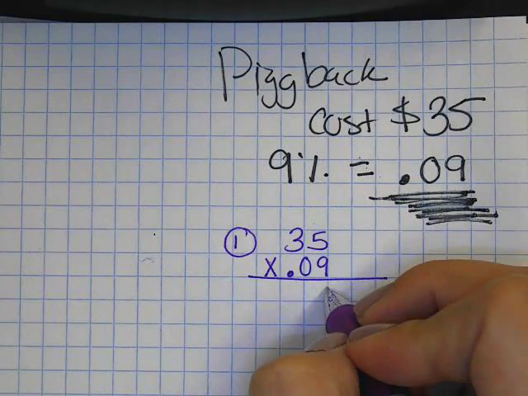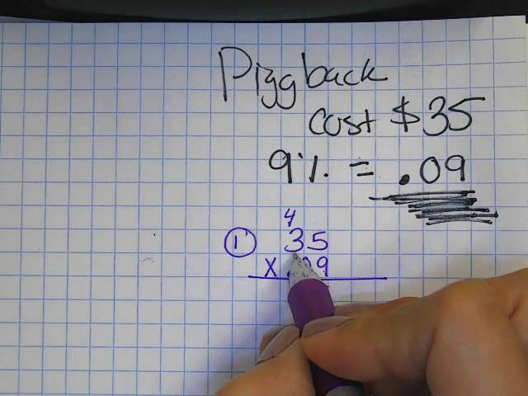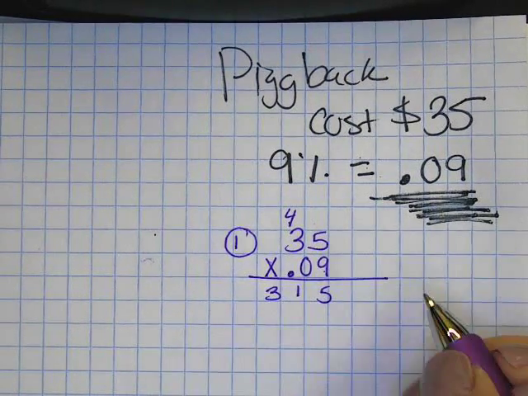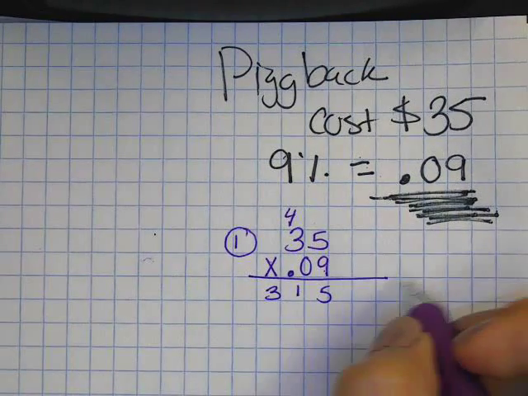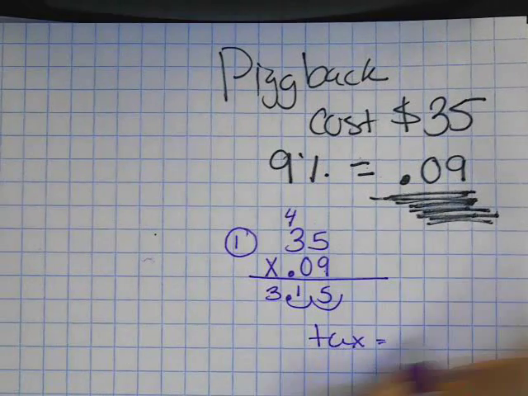Nine times 5 is 45. Carry the 4. 9 times 3 is 27 plus 4? 31. How many times do you move the decimal? Twice. So the tax is how much?